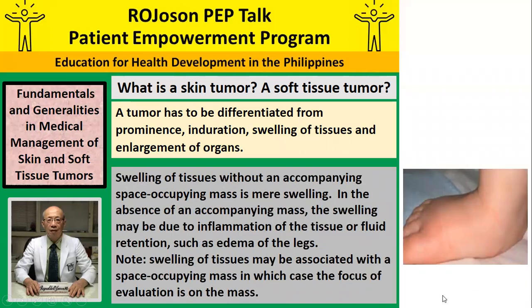Swelling of tissues without an accompanying space-occupying mass is mere swelling. In the absence of an accompanying mass, the swelling may be due to inflammation of the tissue or fluid retention, such as edema of the legs. Note, swelling of tissues may be associated with a space-occupying mass, in which case the focus of evaluation is on the mass.